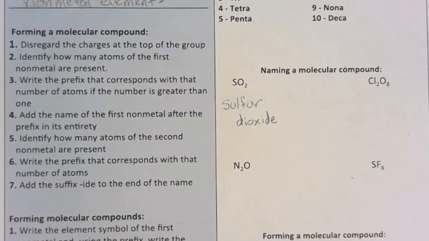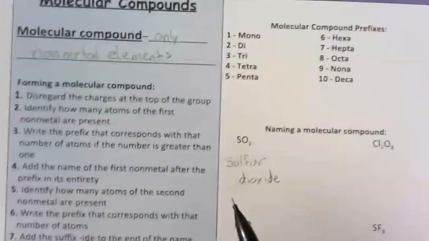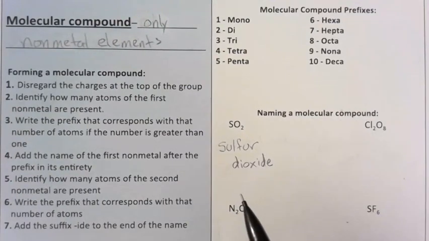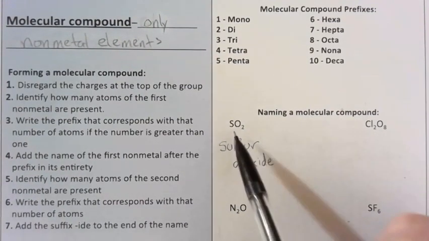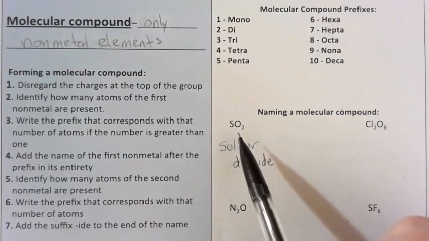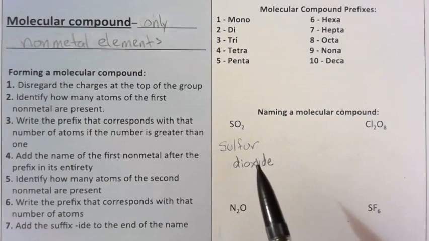So sulfur dioxide. Okay. The reason that we didn't put that prefix for one, mono, in front of here is that it's really kind of redundant and clunky to start a name with the prefix mono if there's only going to be one, so the name itself is indicating that one sulfur atom.